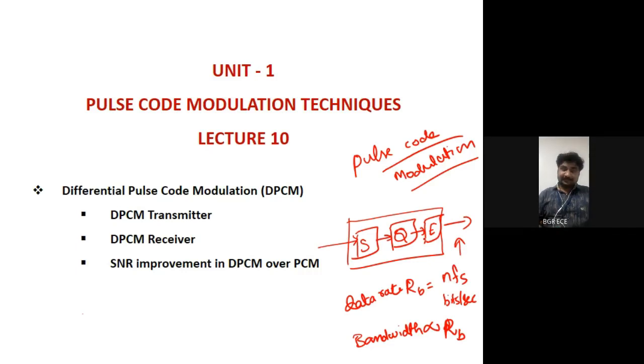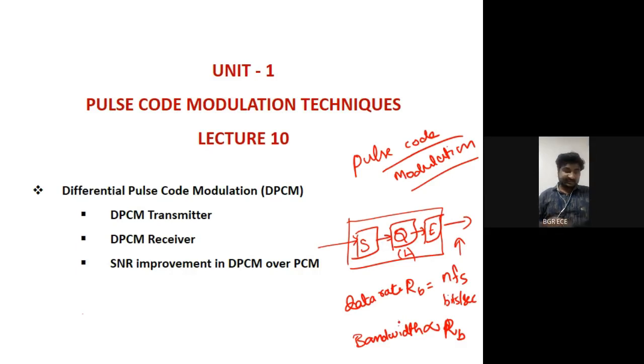And n depends upon the number of levels present in the quantizer. So if we can control the value of L, we can have control over the bandwidth.